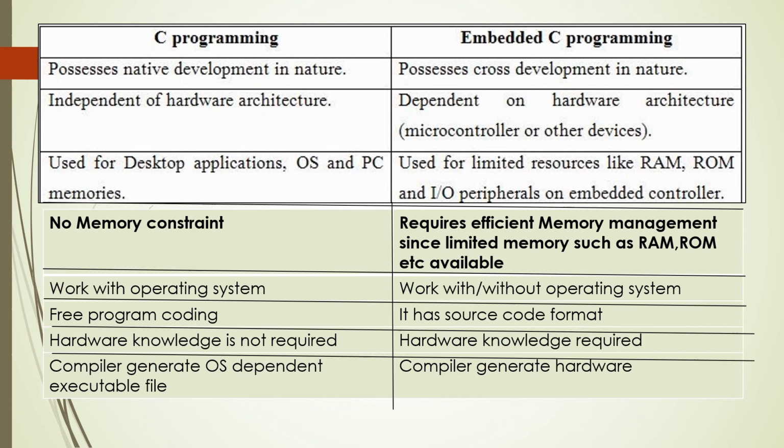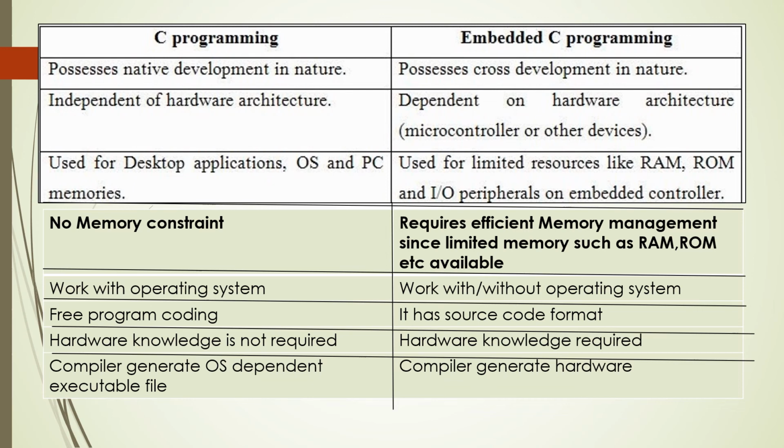C programming is used for desktop applications, operating systems and PC memories, while embedded C programming is used for limited resources, like RAM, ROM, IO peripherals, etc.